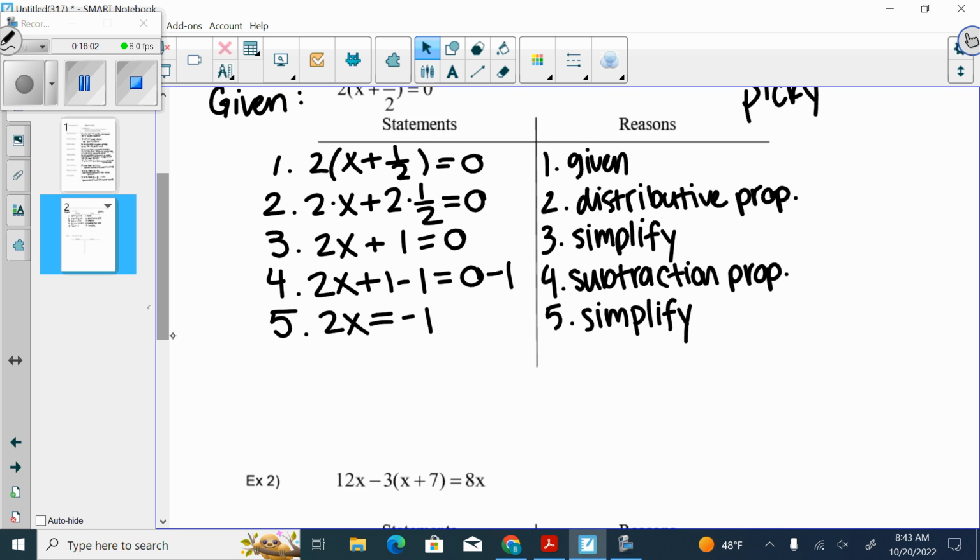Alright. Okay, what would we want to do now? Divide. Very good. So I would say that 2x divided by 2 is equal to negative 1 divided by 2. And what am I going to list as my reason? Right.